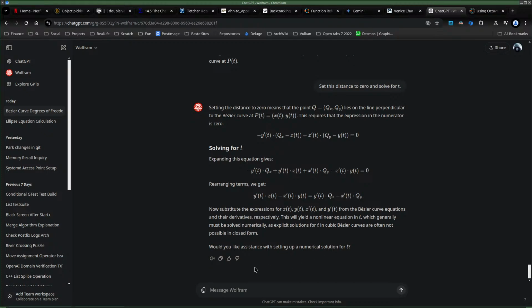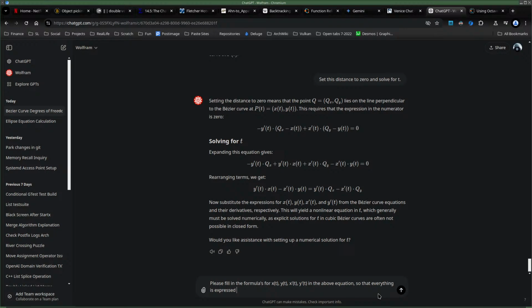Yeah, well, I don't know. Write it out. Please fill in the formulas for xt, yt, x prime t, y prime t in the above equation, so that everything is expressed in terms of, sure, you can do this as a vector.